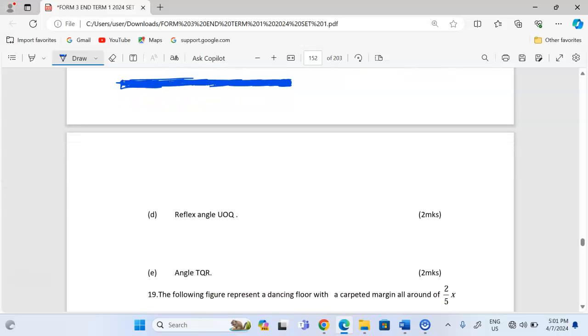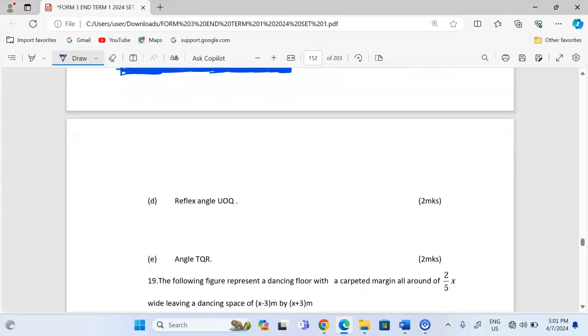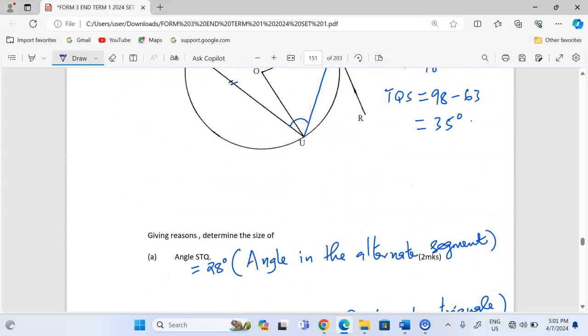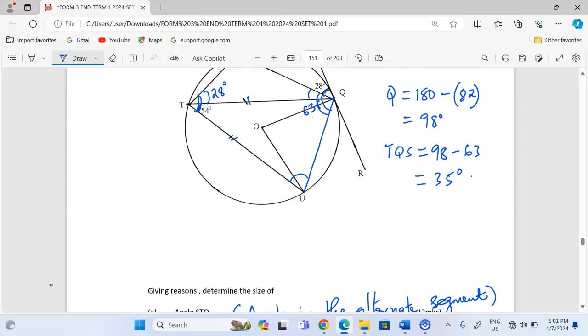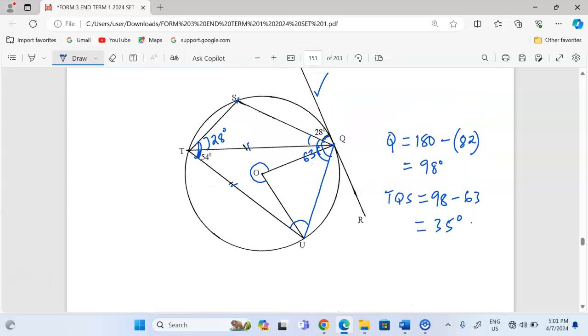We are also told to find, in part D, the reflex angle UOQ. That is the angle we need to calculate. We should know that a chord UQ, which subtends an angle at the circumference of 54 degrees, subtends an angle at the center that is double the angle at the circumference. So we take 54 times 2. This gives us 108. But this is not the angle we want.